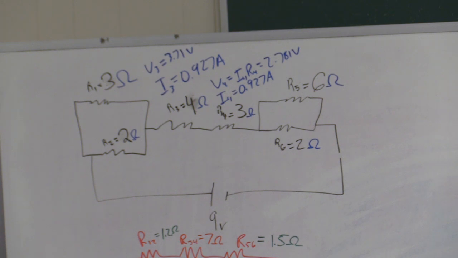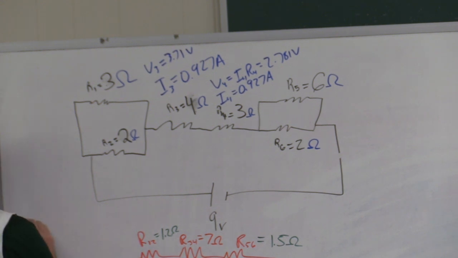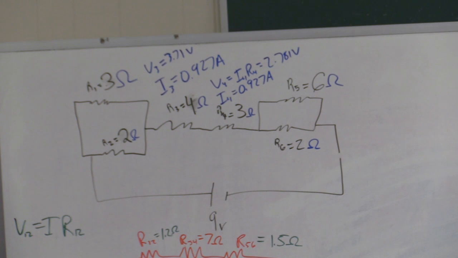I know the current through this equivalent, and I know the resistance of that equivalent, so I can find the voltage drop across 1 and 2. V equals I times R. So V12 equals I1 times R12, where I is the current out of the battery.